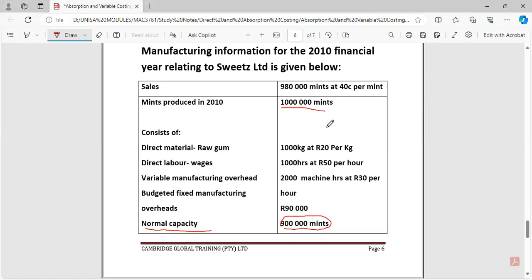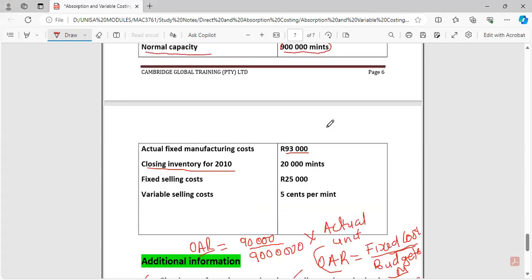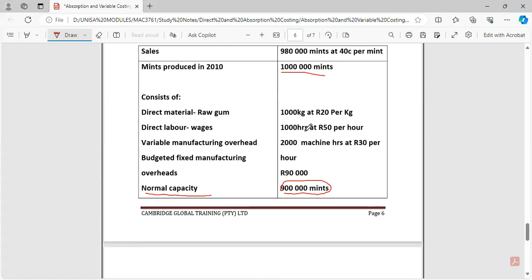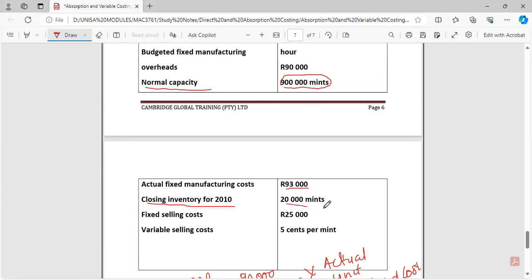So in our case, we are going to divide by 1 million, the number of mints produced, then multiply by the number of the closing inventory, which is 20,000 here.